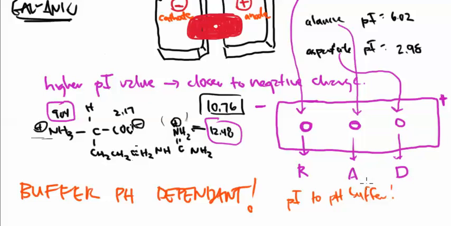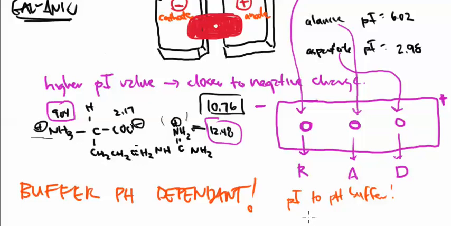And what you will see is that the more positive the amino acid will be, and the farther it will migrate toward the cathode in a given amount of time, if the pI and the pH are far apart.